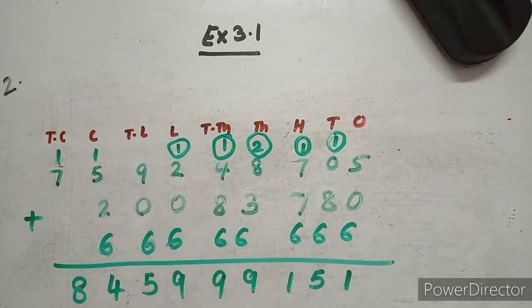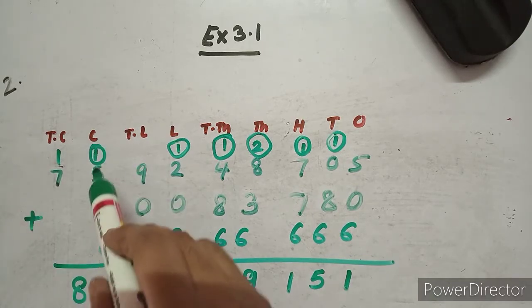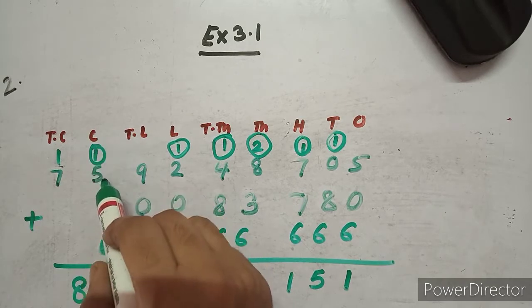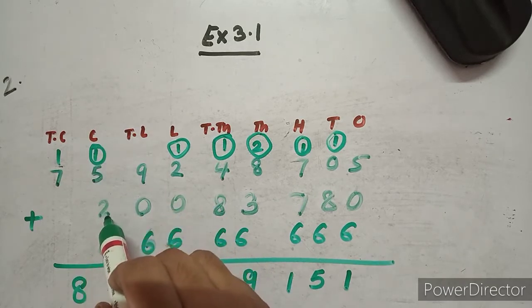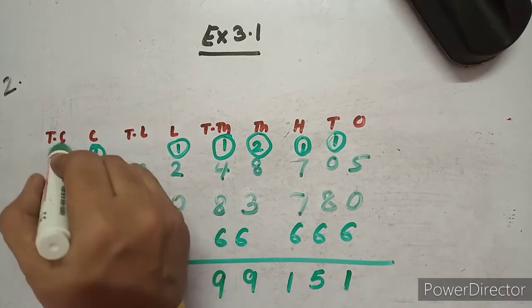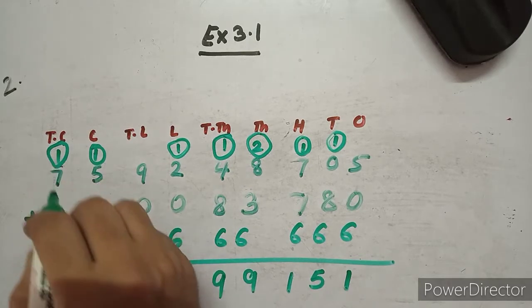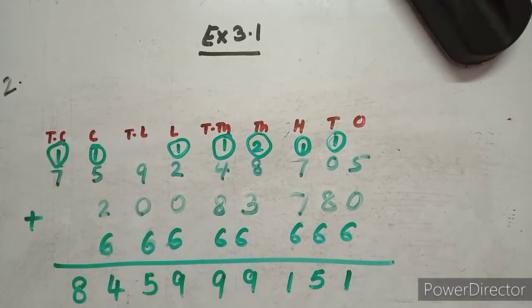1 plus 2 is 3, 3 plus 6 is 9. So 9, so here no carry is there. Then you have 9 plus 0 plus 6, that will give you 15. So 5 down and 1 up. And you have again 1 plus 5 is 6, 6 plus 2 is 8, 8 plus 6 is 14. So 14, 4 down, 1 up, and you have 7 plus 1 as 8.